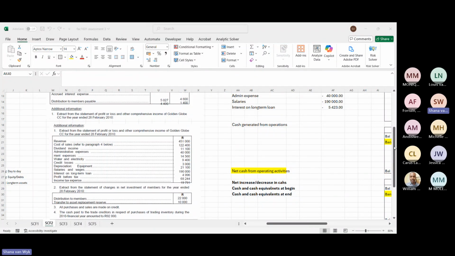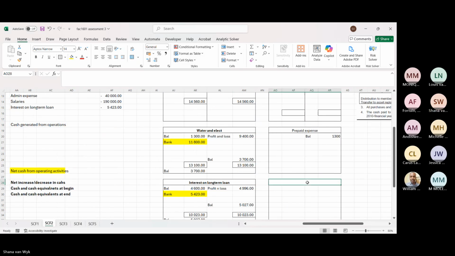Land holdings. Okay, so we want distribution payable to members. That's going to be our T account. So let's quickly do one.